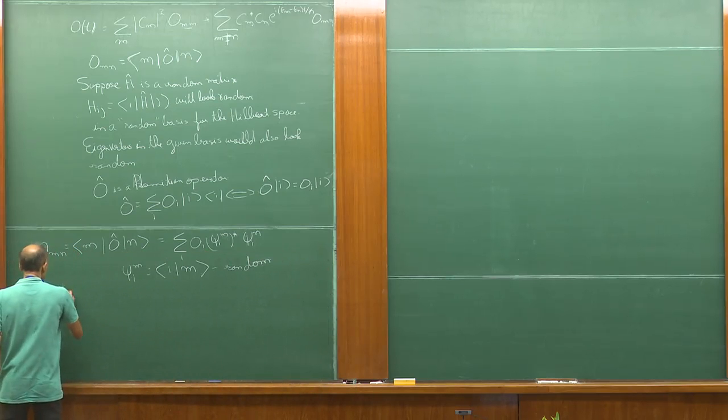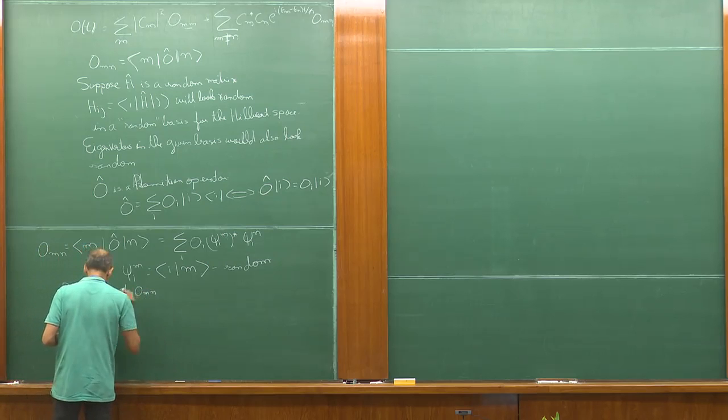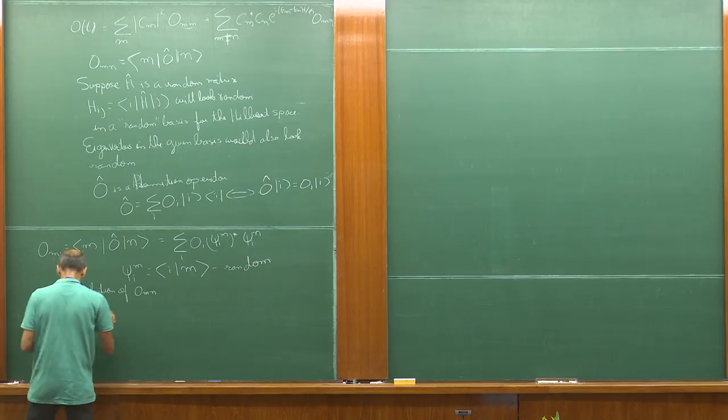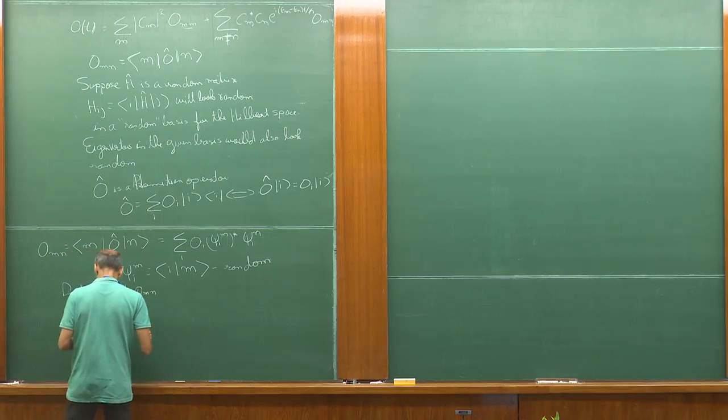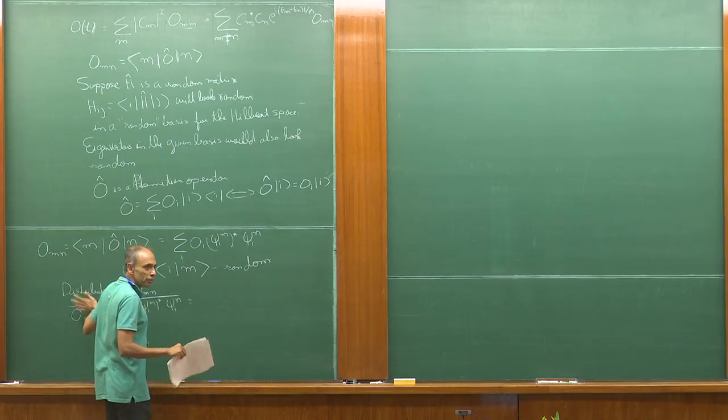So if you look at the distribution of O_MN, and you look at the mean of that distribution, right, because these are random you have some distribution here.